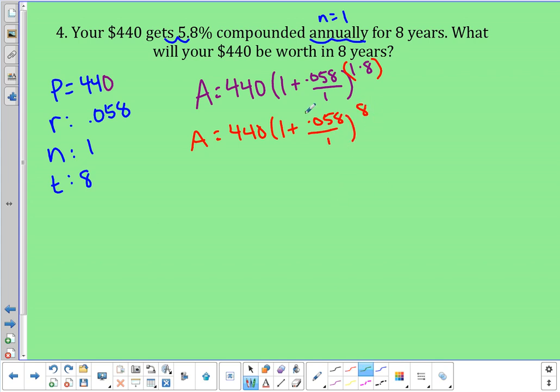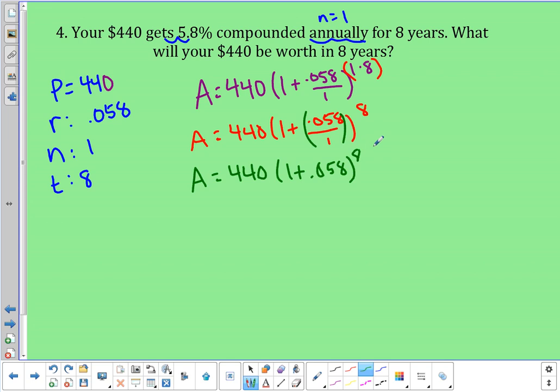Then do the fraction. You can go ahead and type that into your calculator if you want to, but you don't need to, because 0.058 divided by 1 is just 0.058.